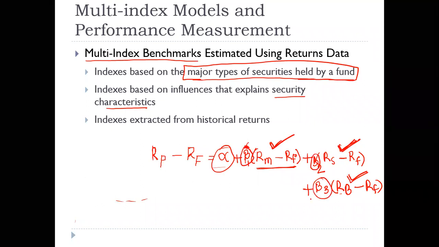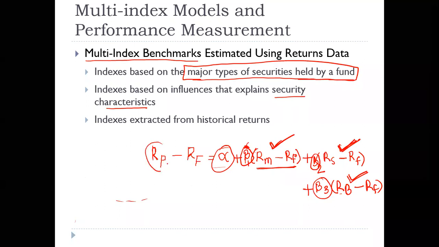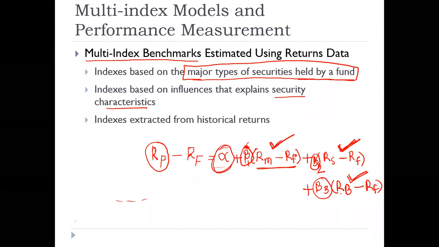This is required. And we know how much return the portfolio has generated. So what is the purpose of knowing this alpha? To know how much the manager has outperformed or underperformed the benchmark. So the beta has to be estimated.